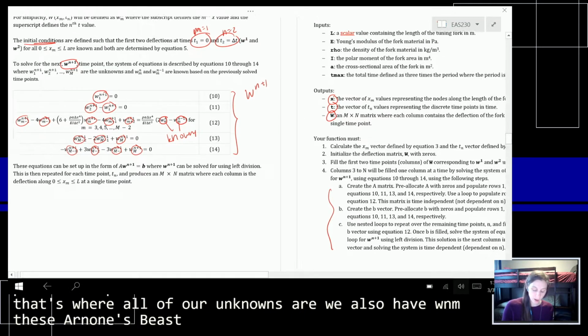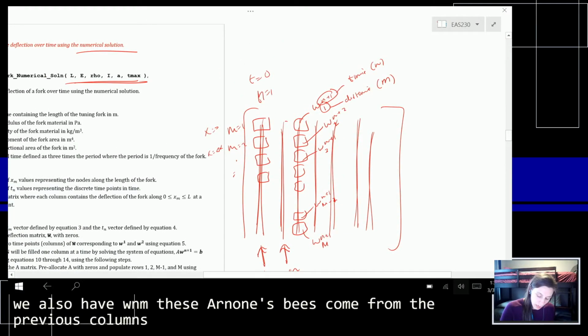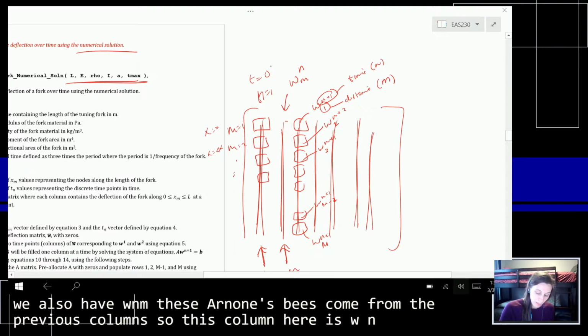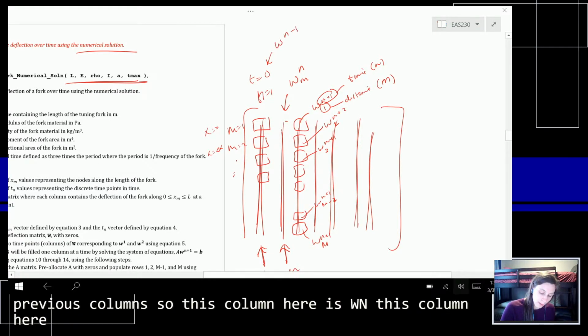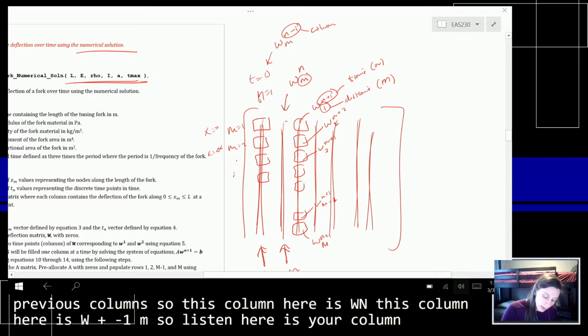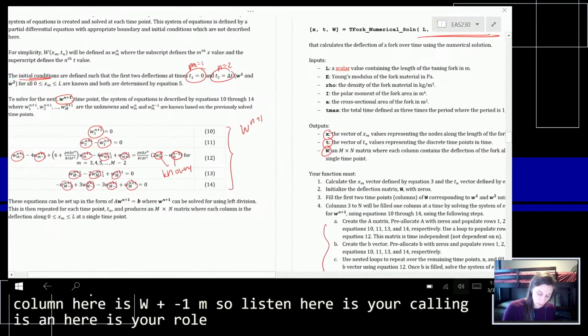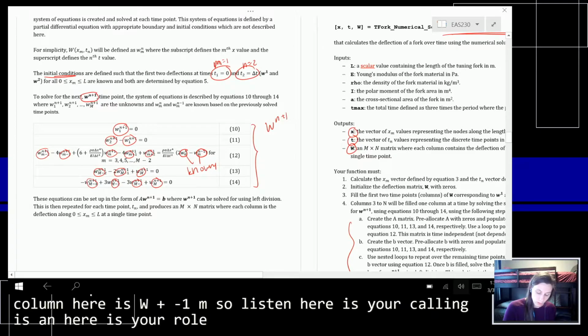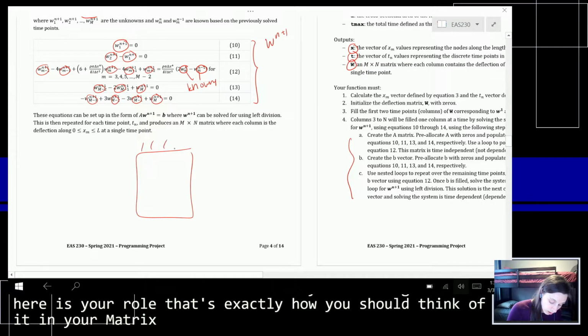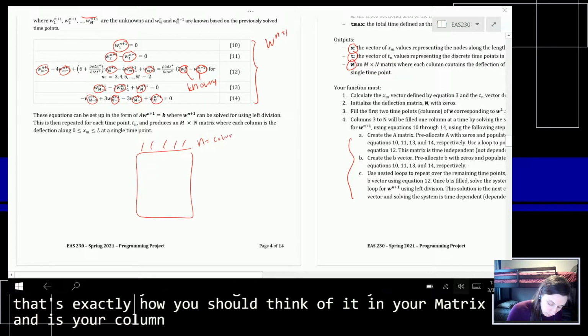These come from the previous columns. So this column here is w^n_m. This column here is w^(n-1)_m. So this n here is your column, and this m here is your row. That's essentially how you should think of it in your matrix.